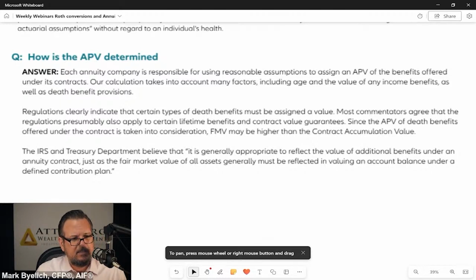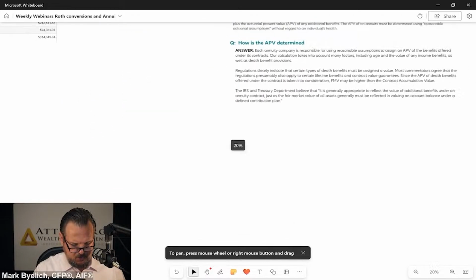But the IRS realizes and knows that these annuity contracts have some level of minimum guarantee that's going to benefit someone. The IRS and the Treasury Department believe that it is generally appropriate to reflect the value of additional benefits under an annuity contract, just as the fair market value of all assets generally must be reflected in an account balance under a defined contribution plan. So let me give you an example. I know that's very confusing, so I'm going to give you an example.